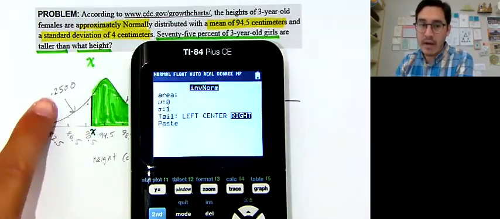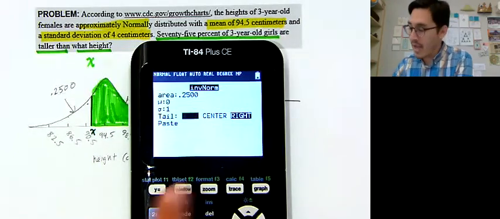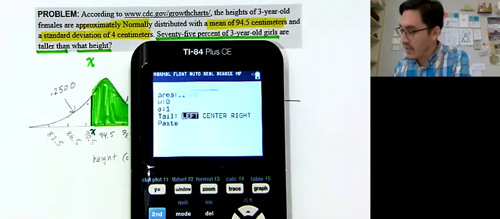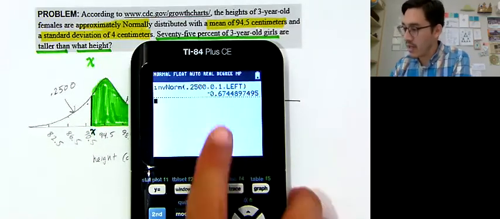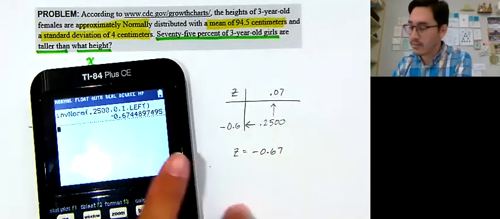So let's just use the area to the left, 0.2500. We're going to use a standard normal distribution. Mean is 0, standard deviation 1. I need to specify that the percentage is the area on the left tail, and then hit paste. And so there's a z-score, negative 0.67, which is what we got.